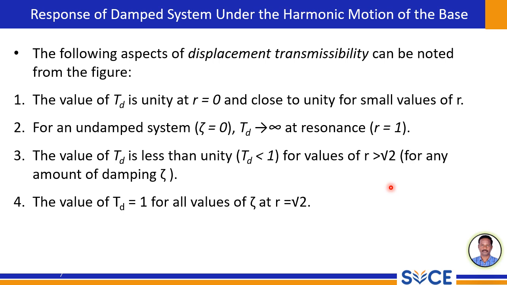The fourth observation is the transmissibility value is equal for all values of psi, that is damping ratio, at r equal to square root of 2. This is another intrinsic point. At a frequency ratio of such level, the displacement transmissibility is always equal to 1 regardless of the damping ratio.